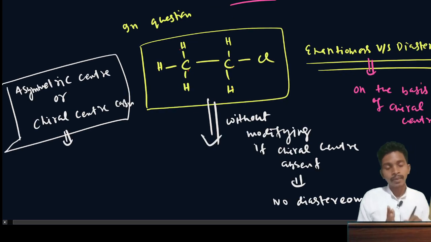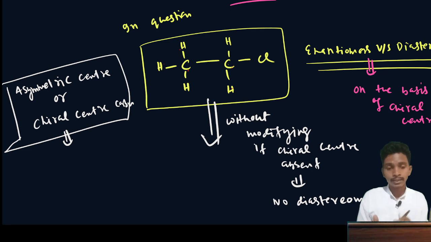It may be either enantiomer or homotopic, but diastereomer is not present. So for diastereomers, without modifying anything, there should be a chiral center in the starting compounds. Here there is no chiral center, so diastereomers are absent here.